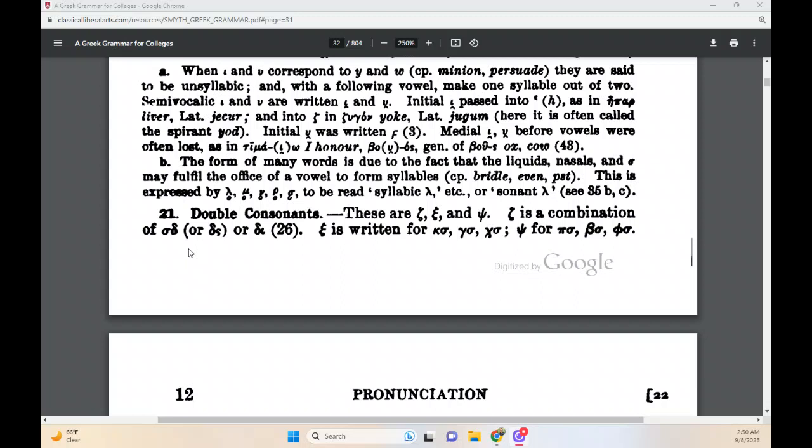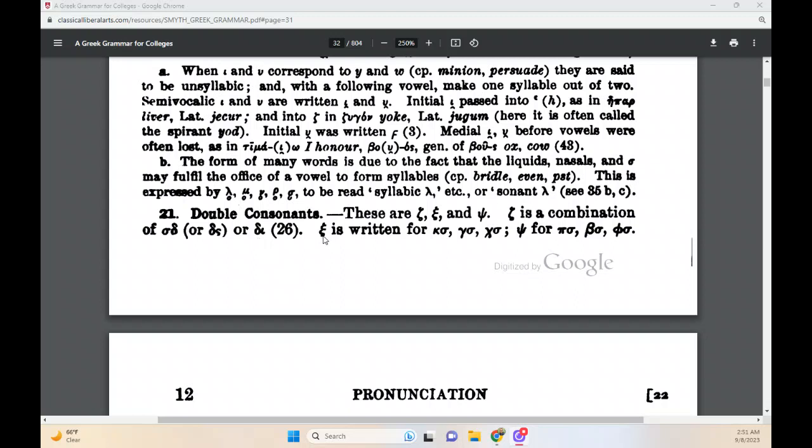Either way, it's a double consonant. And then they also give us this delta iota, but that iota is this consonantal iota, the semi-vowel. So it would be pronounced like dia. These would be considered double consonants. That's why zeta, because it can be used to make these different sounds, is a double consonant. Xi is pretty simple.